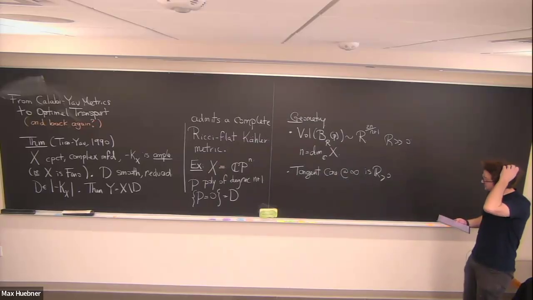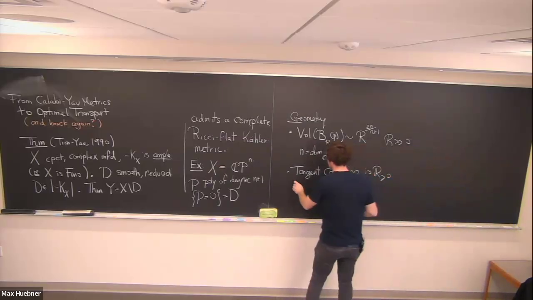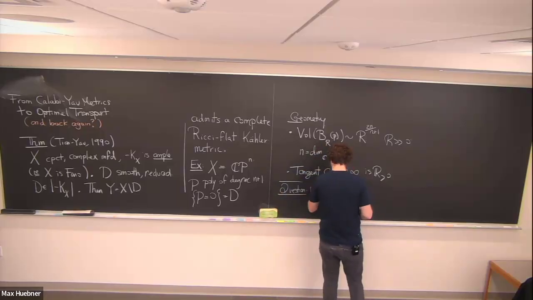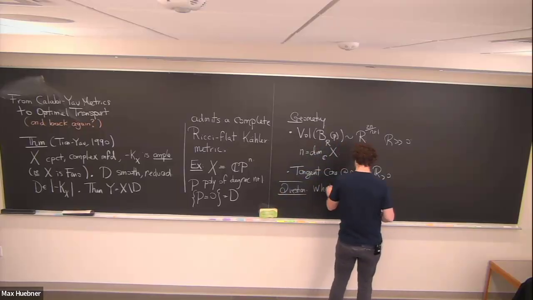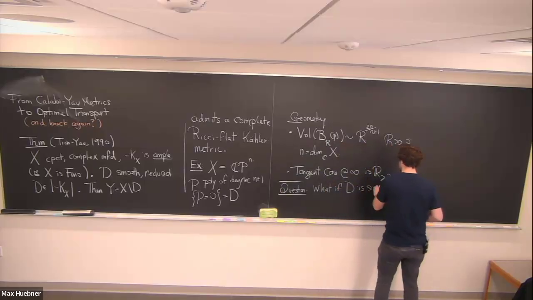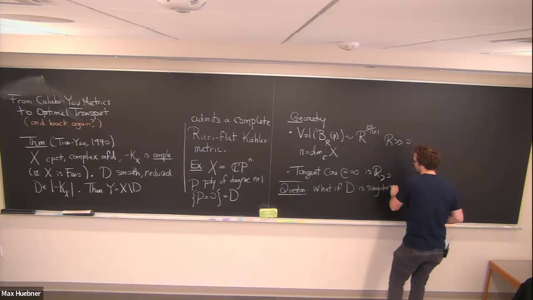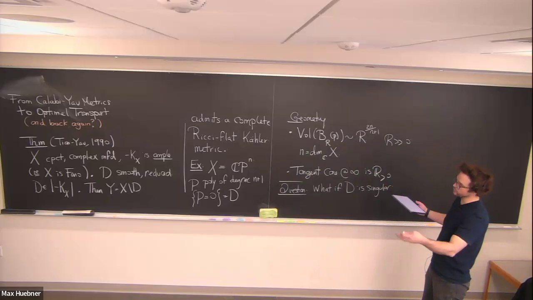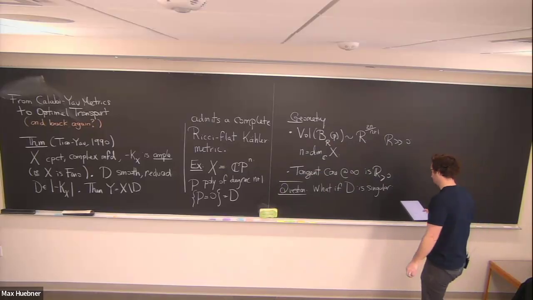Okay, so a natural question which Tian and Yau posed is to understand what happens when D is singular. Of course, the simplest possible case is when D is a bunch of smooth submanifolds of codimension 1 intersecting transversely.